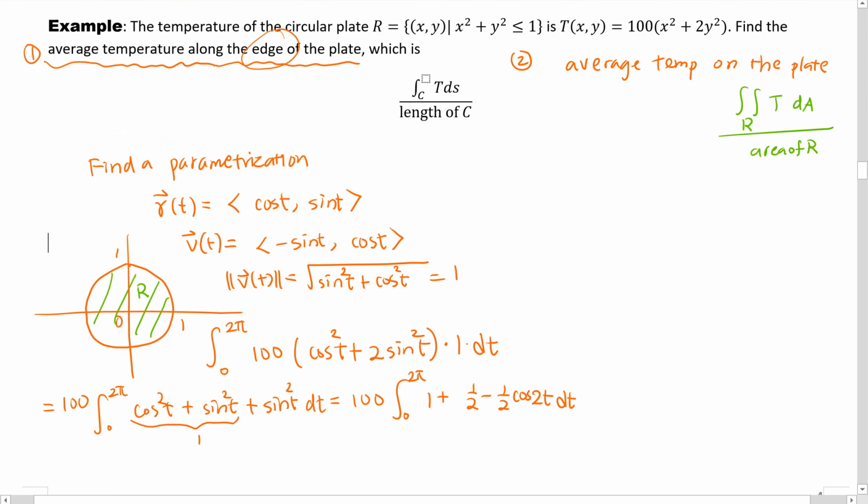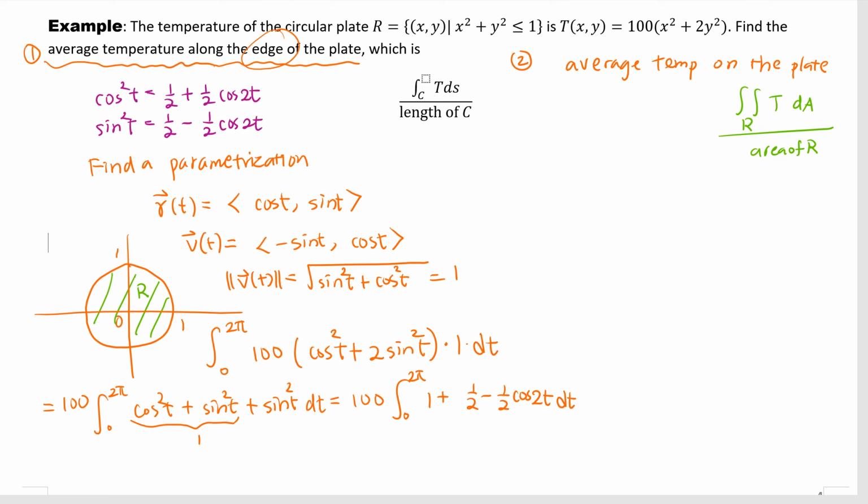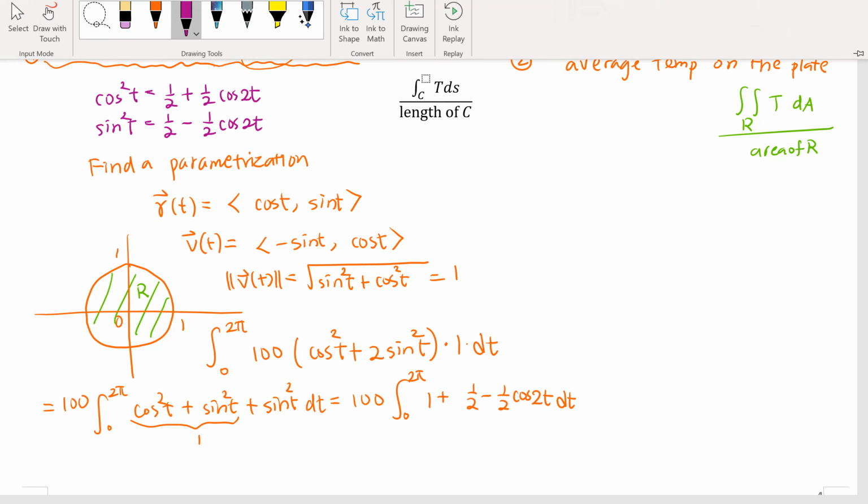Okay, if you still don't remember, let me write it here. Everybody tell me, what's cosine squared? 1/2 plus 1/2 cosine 2t. How about sine squared? 1/2 minus 1/2 cosine 2t. The terms are the same, just the middle signs are different. One is plus, one is negative. Okay, now what happened?